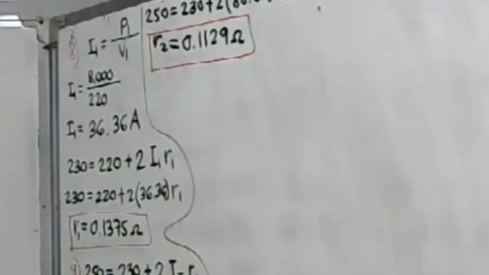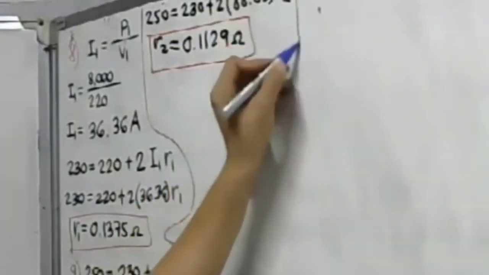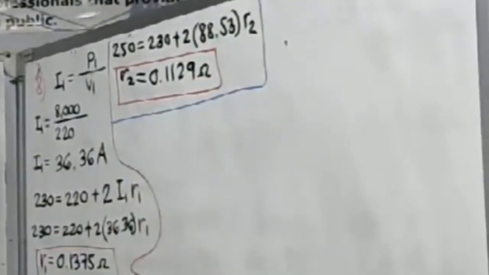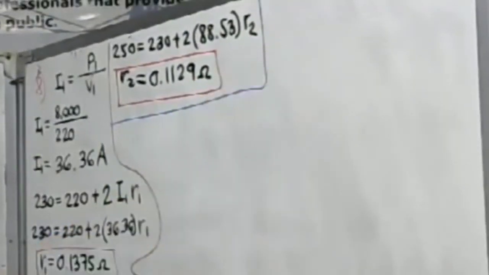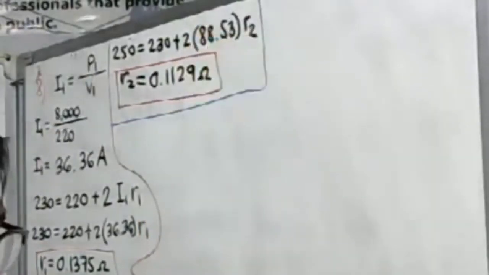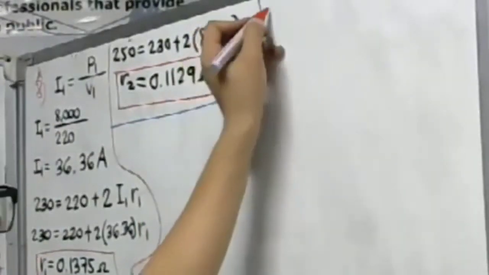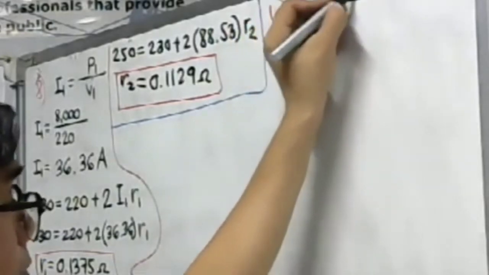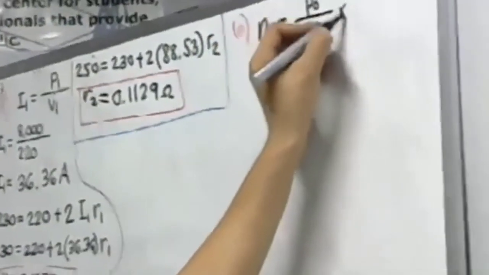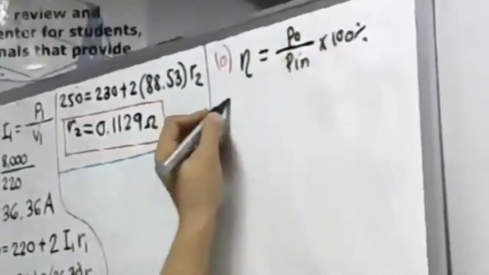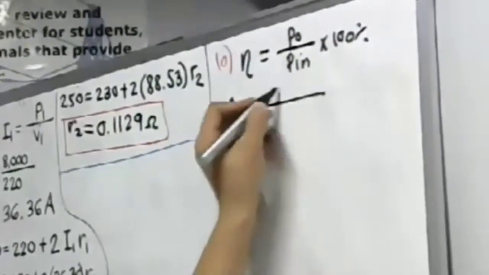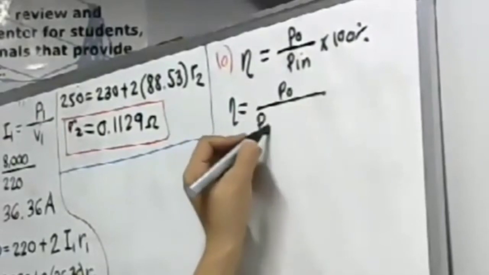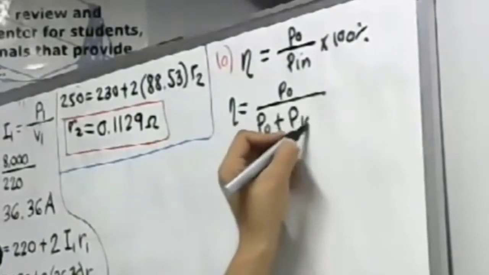The efficiency is equal to the power output over power input times 100%. Or efficiency would be equal to the power output over power output plus power losses.